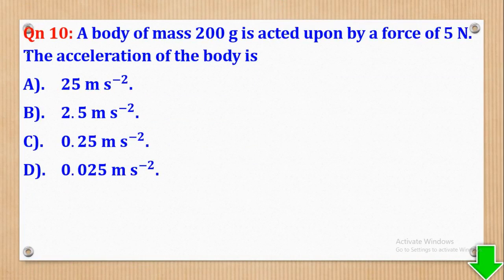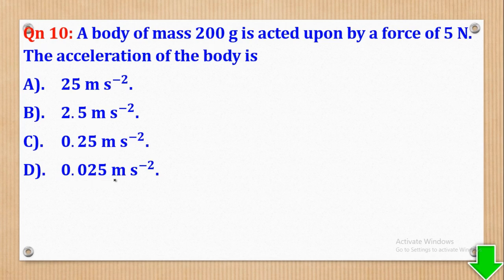Question 10 says a body of mass 200 grams is acted upon by a force of 5 newtons. The acceleration of the body is option A, 25 meters per second squared, option B, 2.5 meters per second squared, option C, 0.25 meters per second squared, option D, 0.025 meters per second squared.